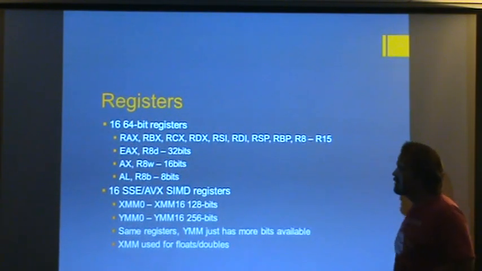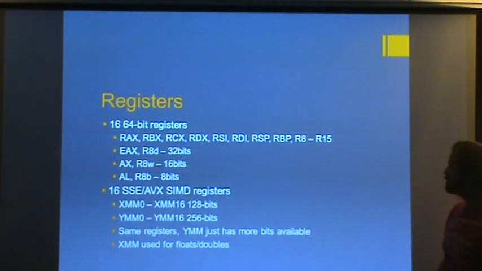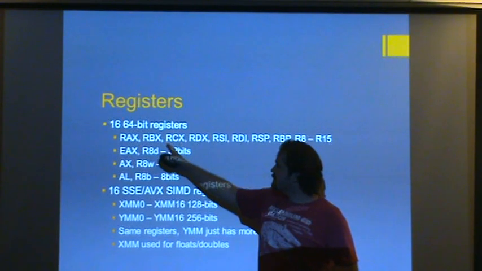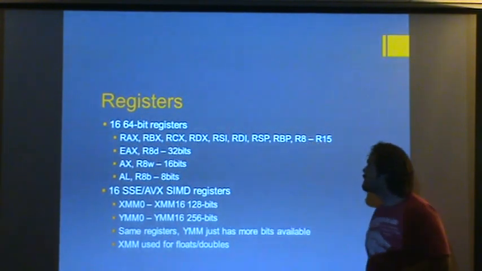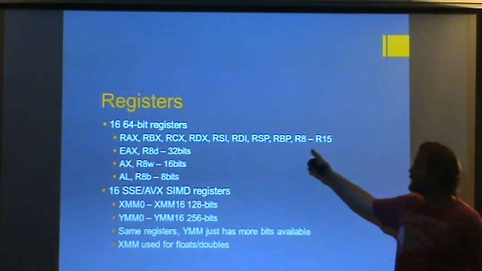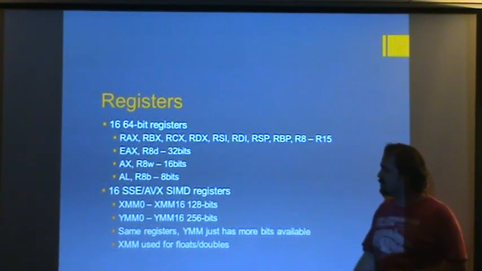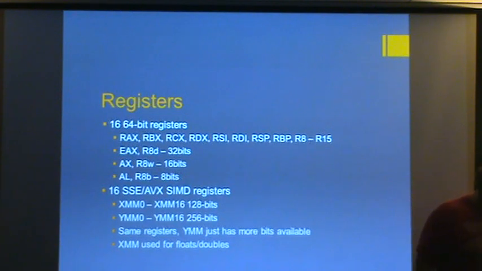There's 16-bit and 8-bit, but you'll rarely encounter those. These ones here are the legacy x86 registers, and when they expanded to 64-bit, they added these additional numbered ones. It would have been a lot easier if they just used the numbered ones.